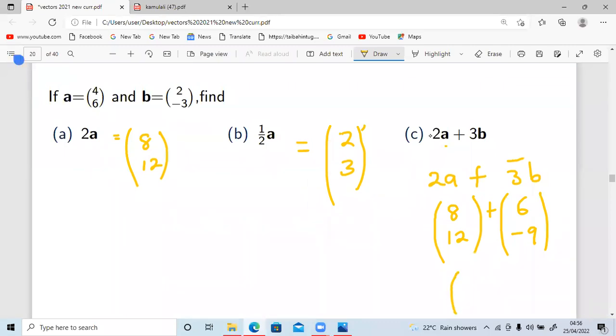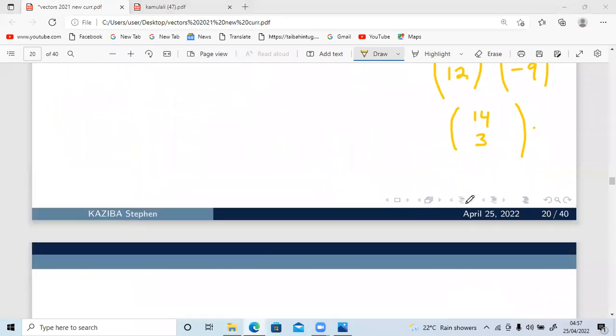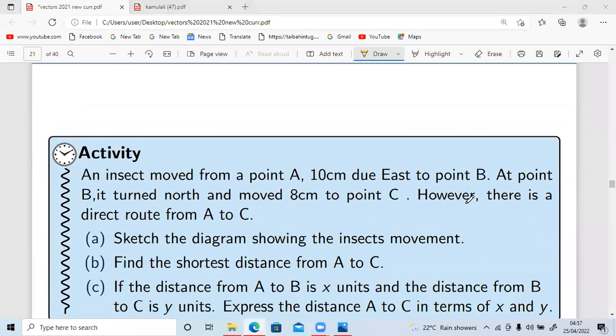Okay. So we can go on now and add. We have 8 plus 6, which is 14. 12 plus -9 is positive 3. So this is our final answer. Hope everyone is there. Anyone we are leaving behind? Okay, good. So these are section A numbers.